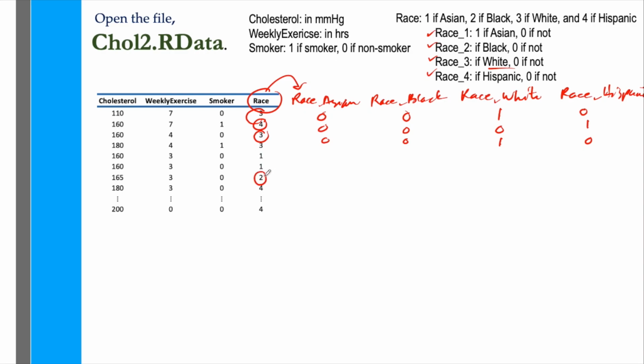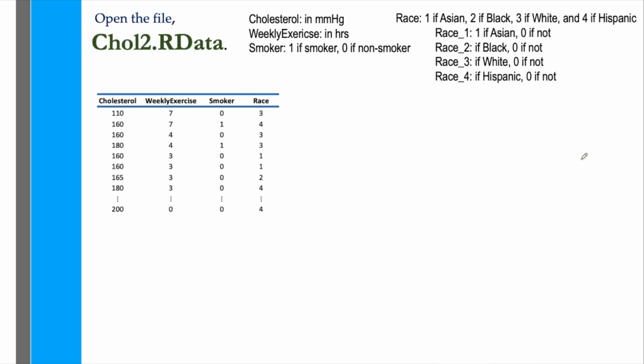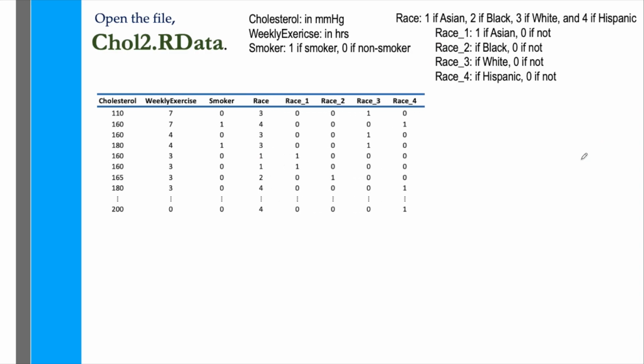This is 2, meaning it's black. So this is 0, this is 1, this is 0, and this is 0. How about this? This is an Asian, so this is 1 and the rest are 0. So that's how you deal with a dummy variable.